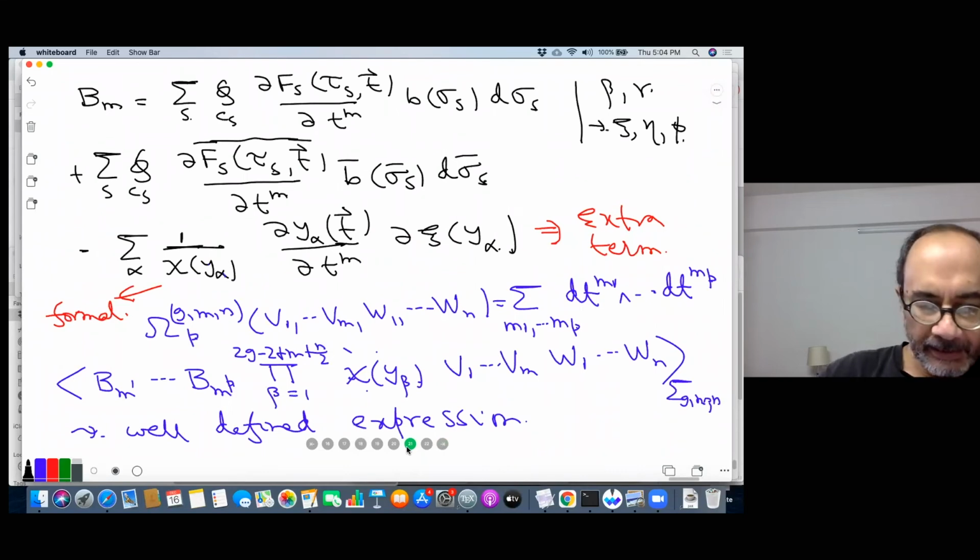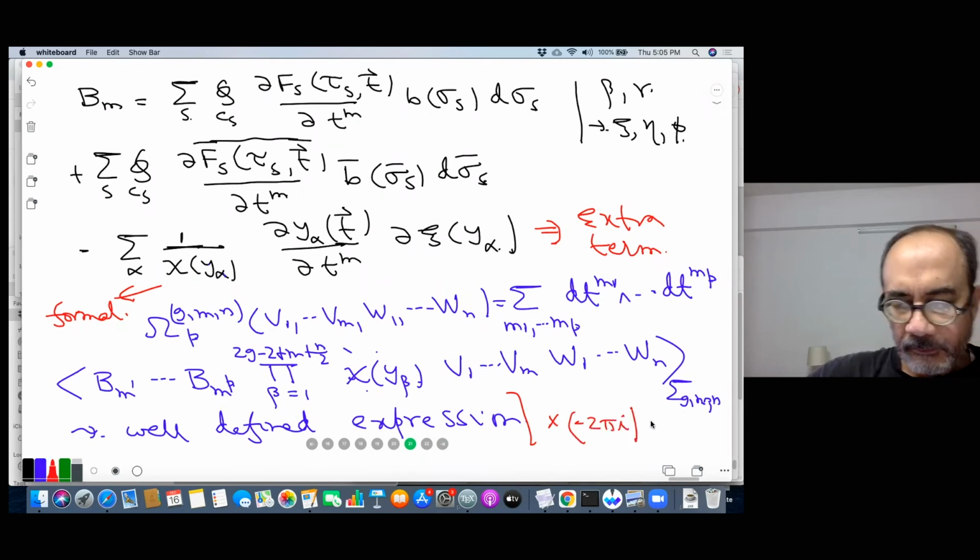So it's times minus 2 pi i to the power 3g minus 3 plus m plus n, the same kind of factor that we had in the case of bosonic string theory.